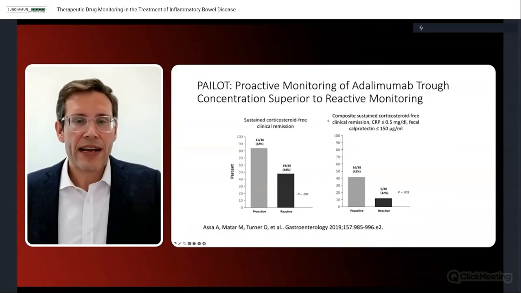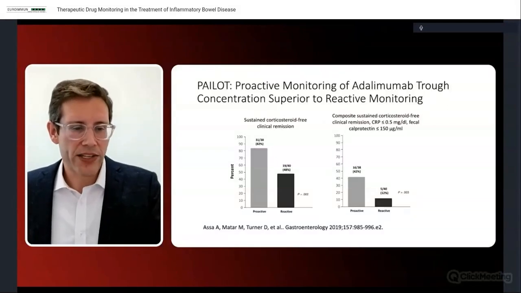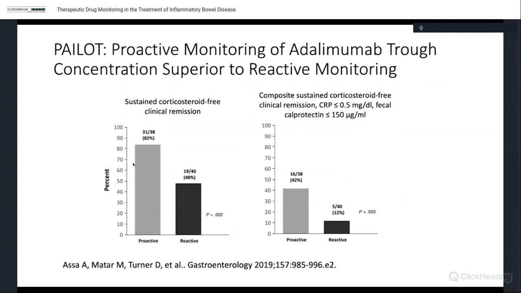And here they did find a statistically significant difference between the 2 maintenance strategies. So the percent of patients with sustained corticosteroid-free clinical remission was much higher, 82% in the proactive strategy compared to 48% in the reactive strategy.